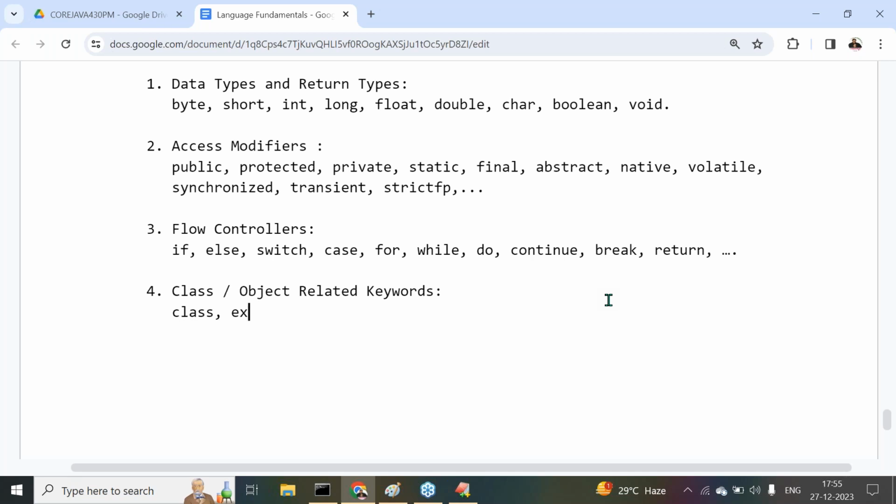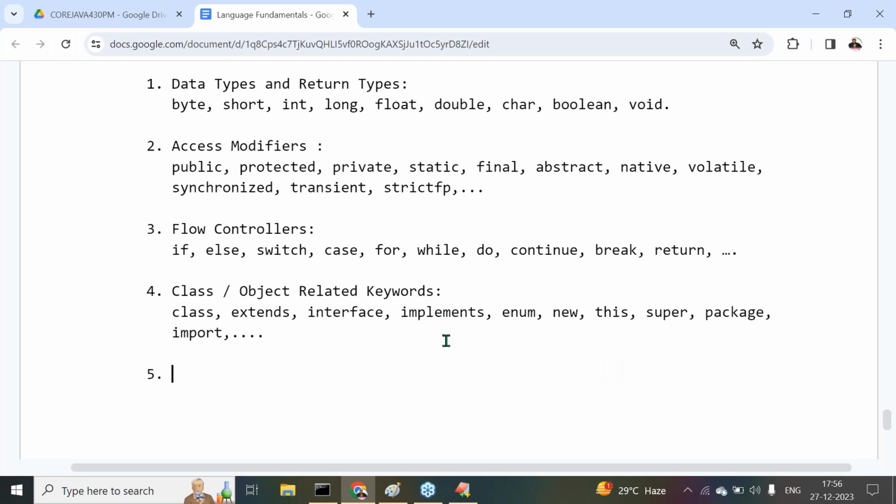After this class, next is extends, then interface, then implements. Enum is also related content. After enum, next is the new keyword, then this keyword, then the super keyword. Then package, then import, and so on. All these are class or object related keywords.